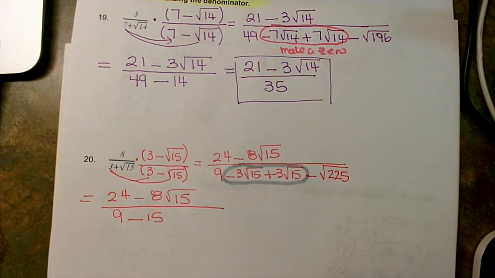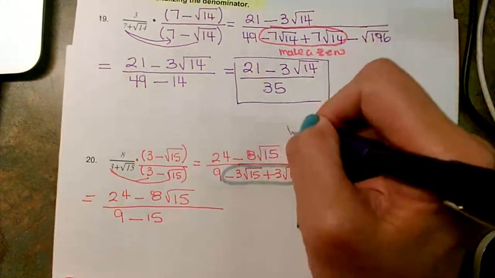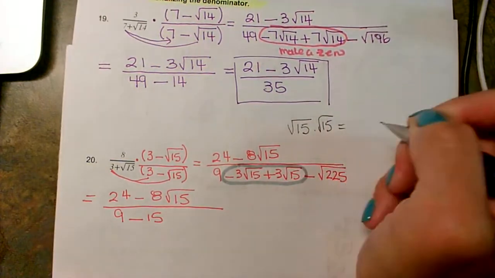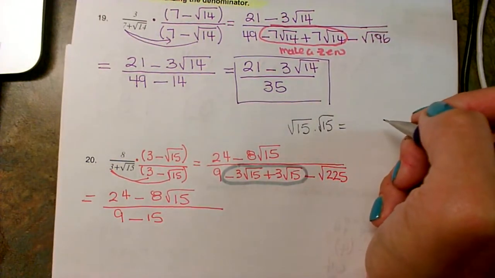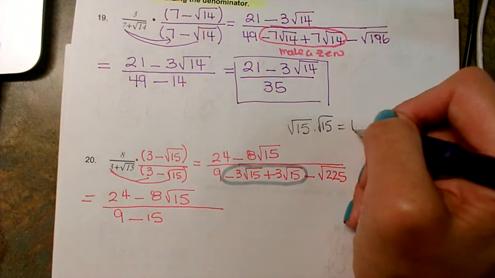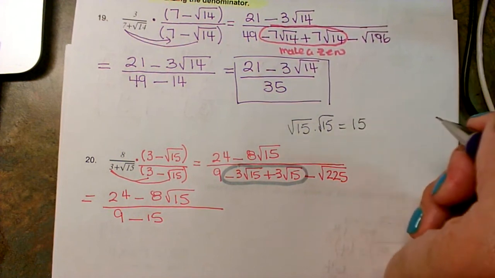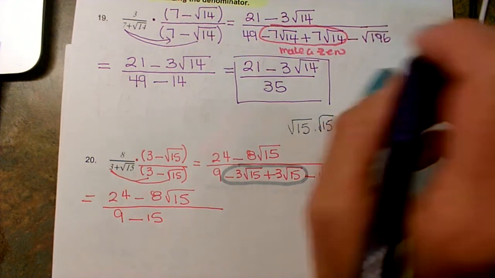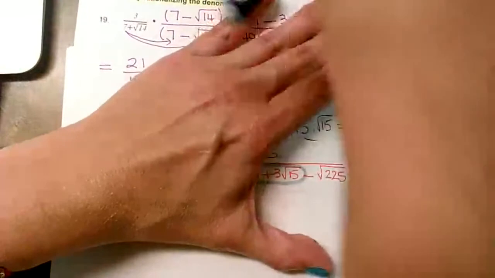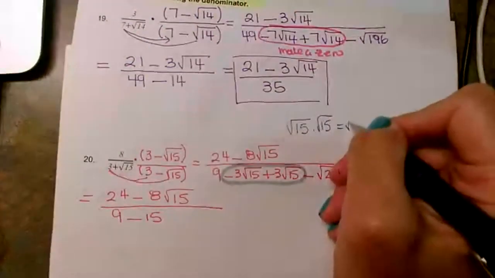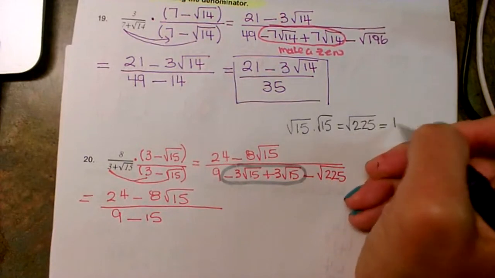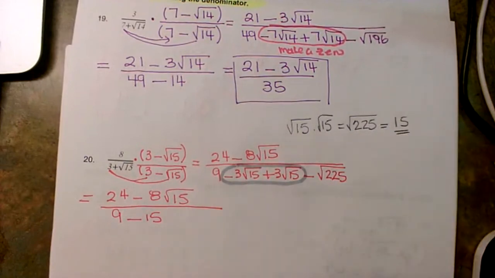Actually, when we are doing square root of 15 times square root of 15, we know this is going to be 15. Because if you multiplied 15 times 15 it is 225, and what's the square root of 225? 15.